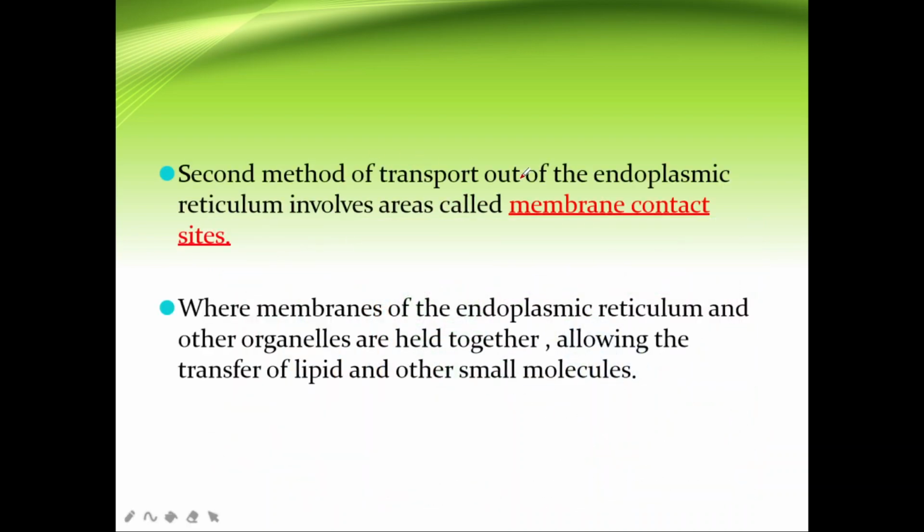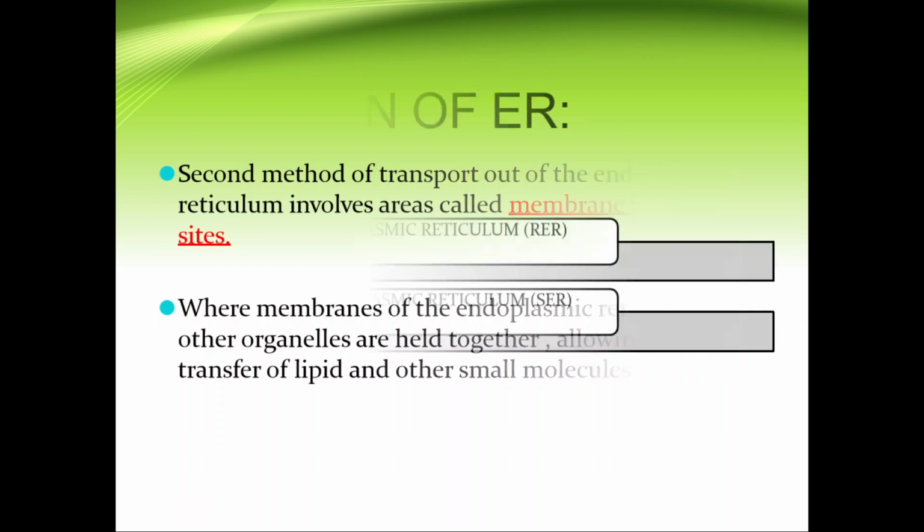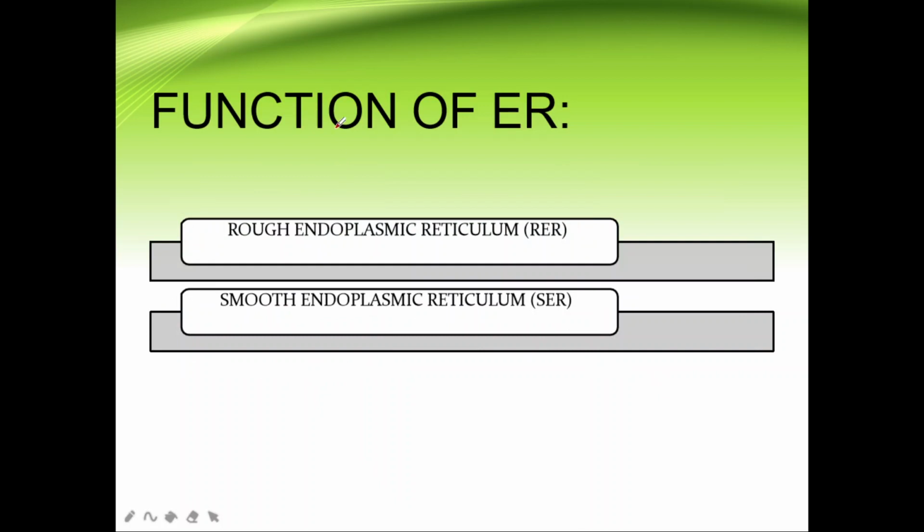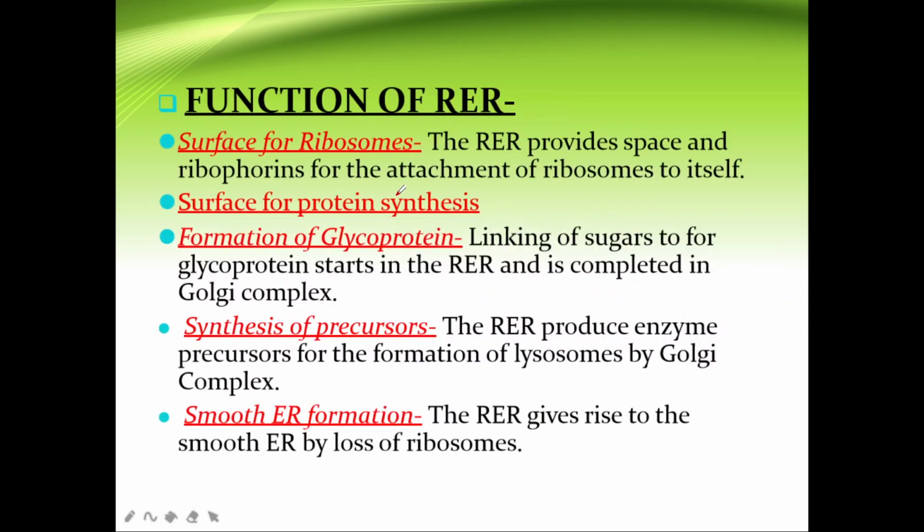The second method of transport out of the endoplasmic reticulum involves areas called membrane contact sites, where membranes of the endoplasmic reticulum and other organelles are held together, allowing the transfer of lipids and other small molecules. Now, the types and functions of ER: rough endoplasmic reticulum, RER, and smooth endoplasmic reticulum, SER. Let's see the functions of RER: surface for ribosomes.